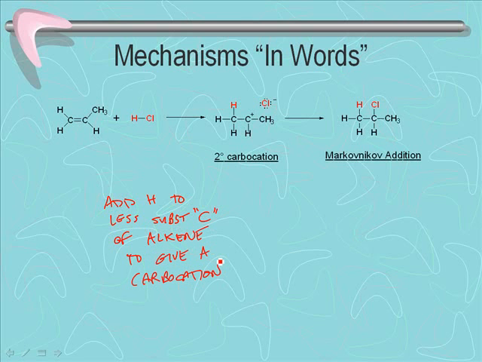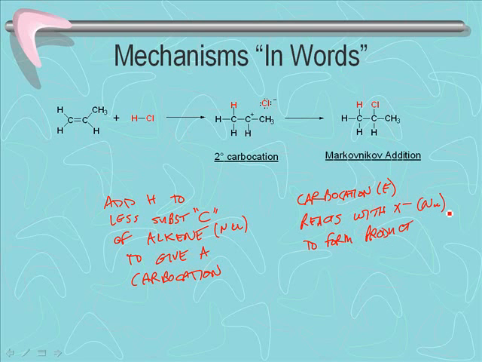Our alkene is our nucleophile, and our reagent HX is our electrophile. In the second step of the mechanism, our carbocation, which is our electrophile, reacts with X- to form product. And X- is our nucleophile.